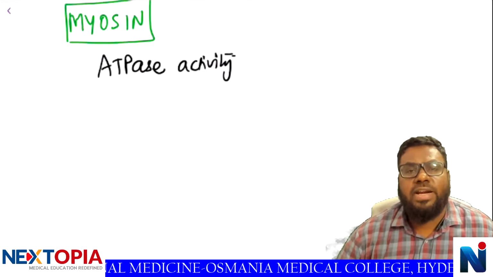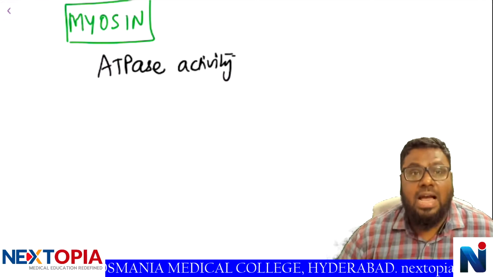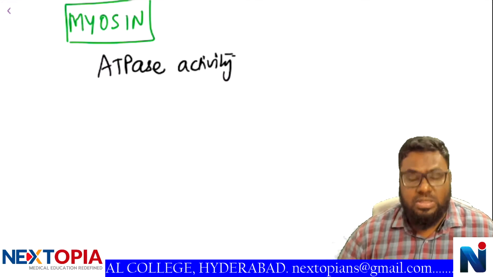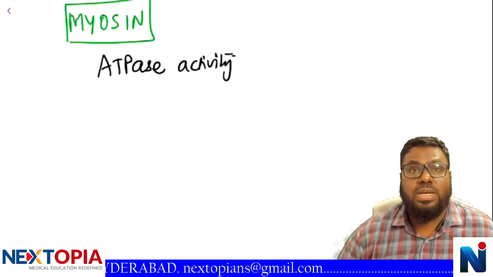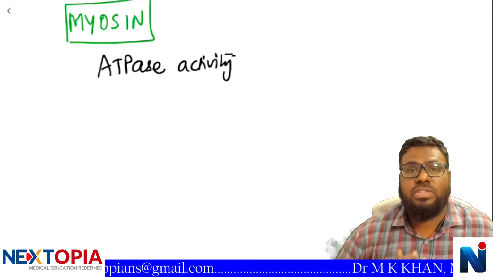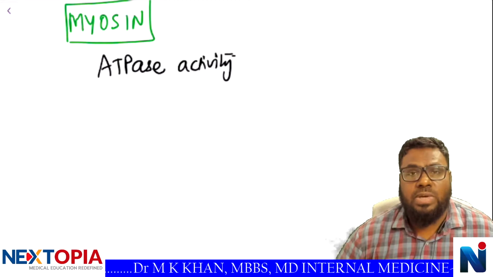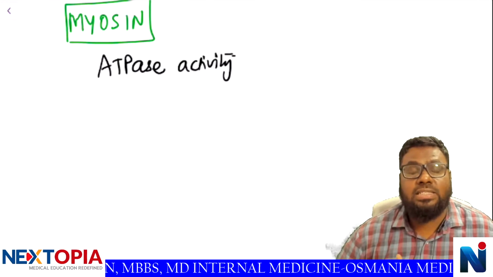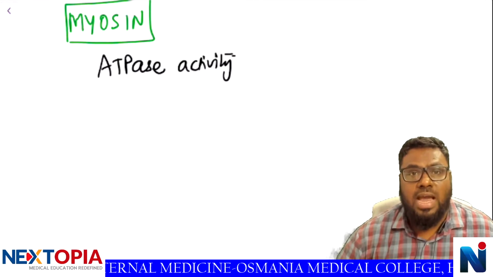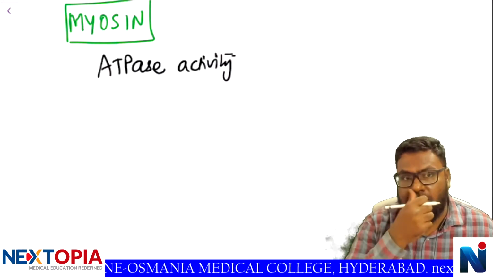So the splitting of ATP puts myosin in a high energy state. Because it has ATPase activity, it can expend this ATP, that is the energy resource. It makes the myosin an energy rich protein, and it increases the myosin's affinity for actin.